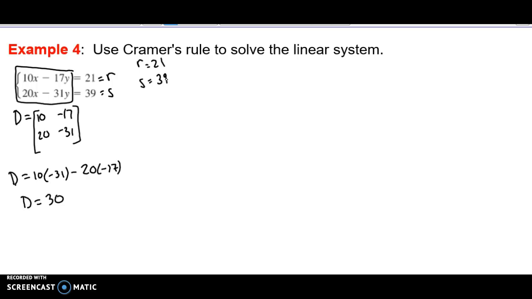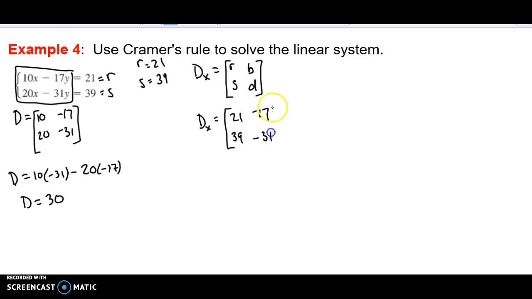My first thing I need to find is D of X. That can help me find the numerator of my fraction. In order to find the determinant with respect to X, I replace the first column with R, S. Everything else stays the same. So D with respect to X, our R is 21, our S is 39, B and D are negative 17 and negative 31.